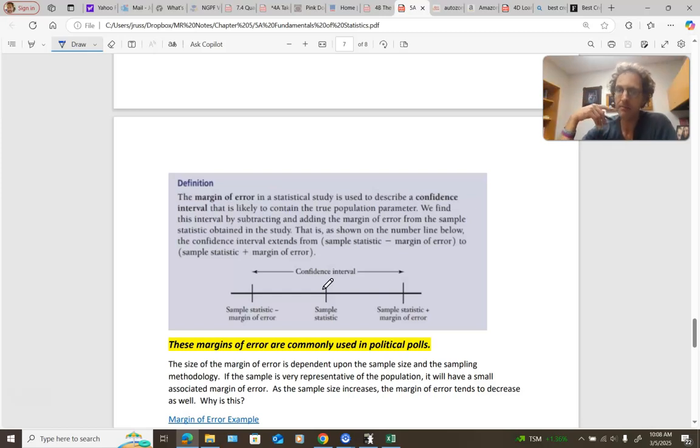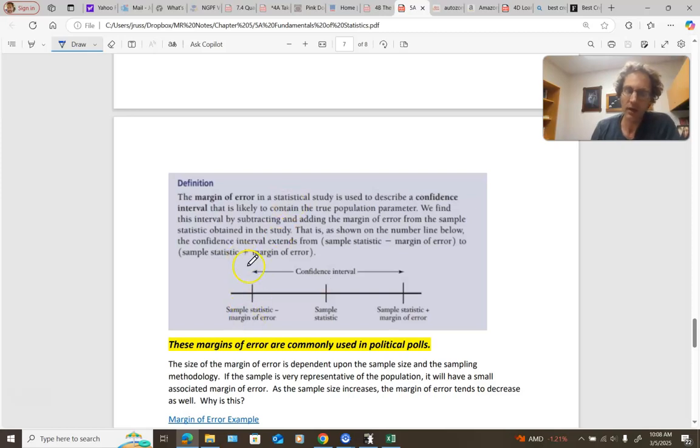Now, the 5% margin of error means that the true population parameter, the true percentage of the population that favors this candidate, could range anywhere from 5 percentage points below that sample statistic to 5 percentage points above it. So if the sample statistic is 55%, then that range could be from 50 to 60.